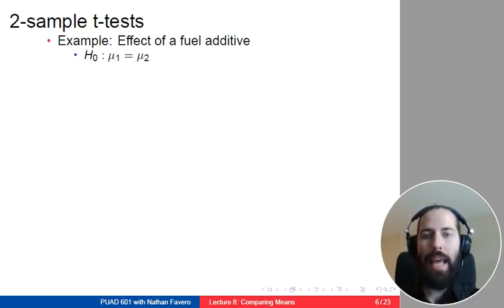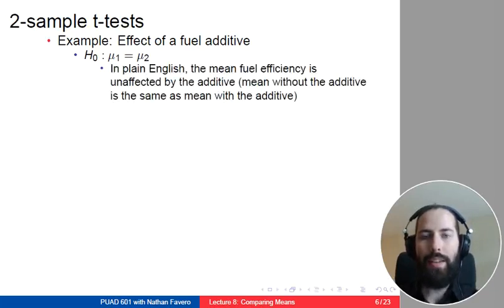Are we going to be able to have enough evidence to conclude that that's not the case, that there is a difference in fuel efficiency based on whether or not we have the fuel additive? So, in plain English, we could say that the null hypothesis is that the mean fuel efficiency is unaffected by the additive, or more directly corresponding to what we have written up there, the mean fuel efficiency with the additive is going to be the same as the mean fuel efficiency without the additive.